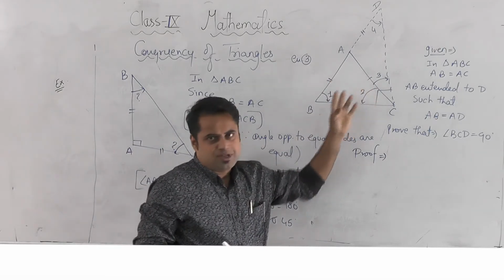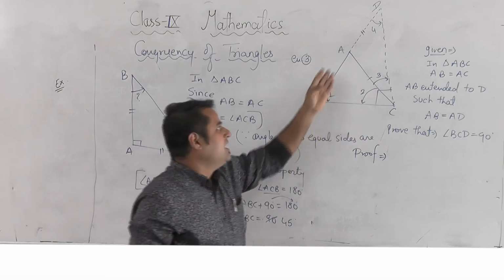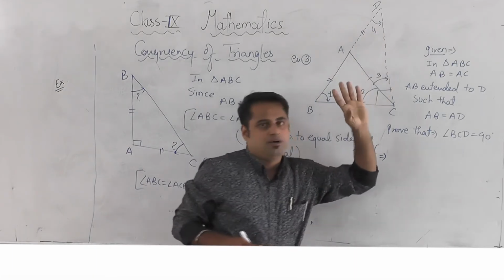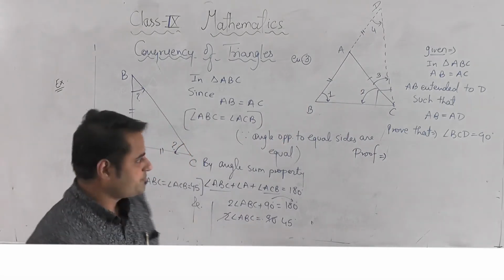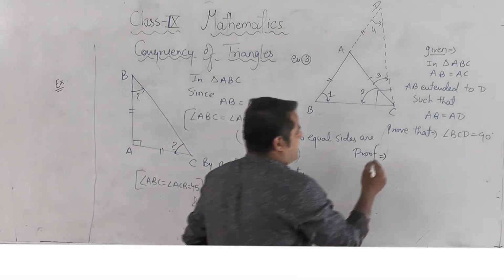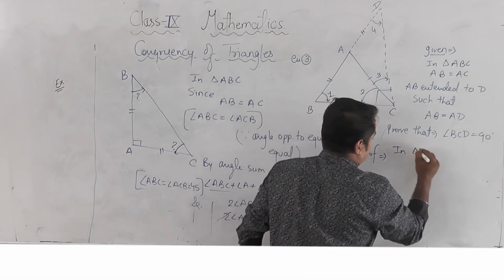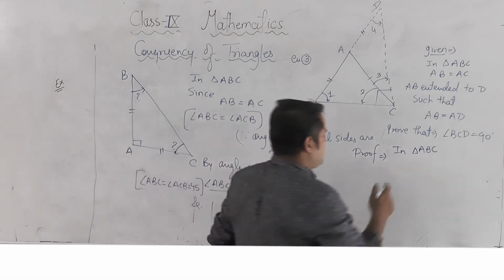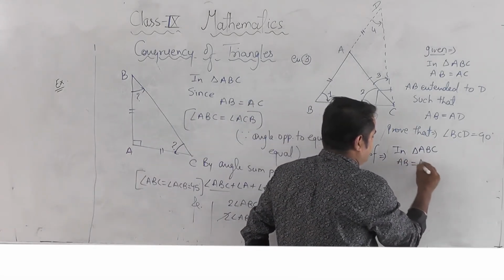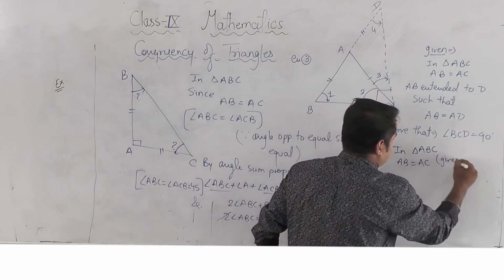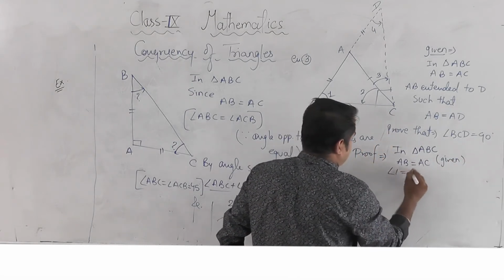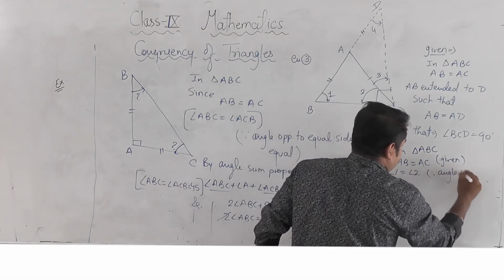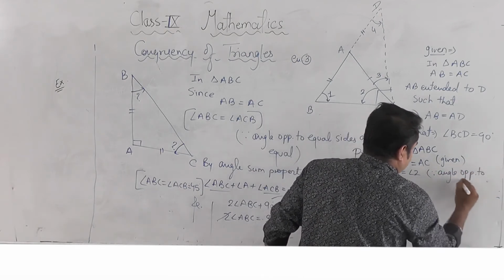AB and AC are equal, so I am naming their opposite angles, and AD and AB are also equal, so I am marking those opposite angles too. Now in triangle ABC, AB and AC are equal, as given. So I can say that angle 1 and angle 2 are also equal. The reason again: angles opposite to equal sides are equal.